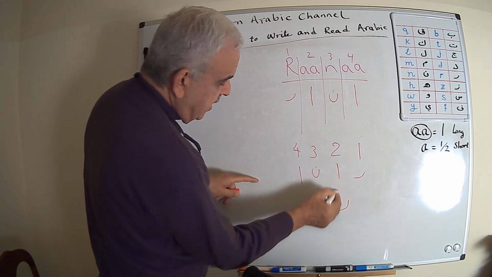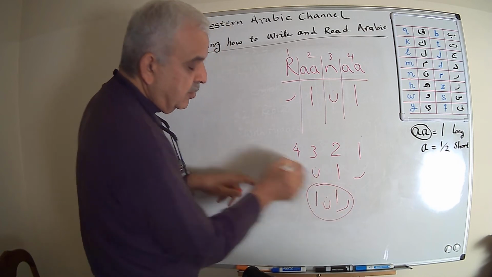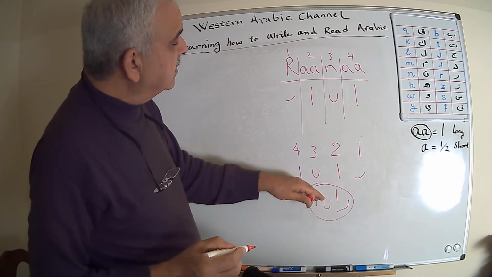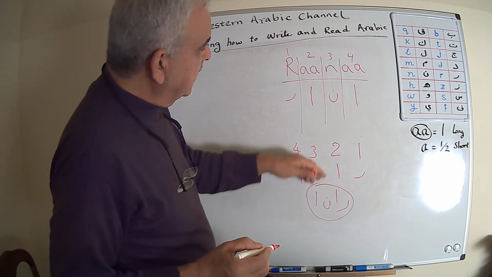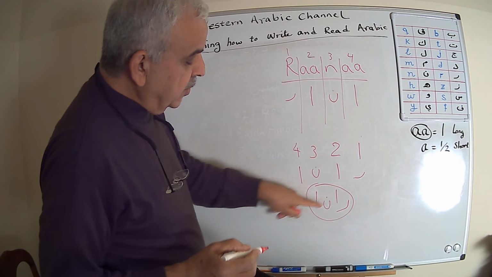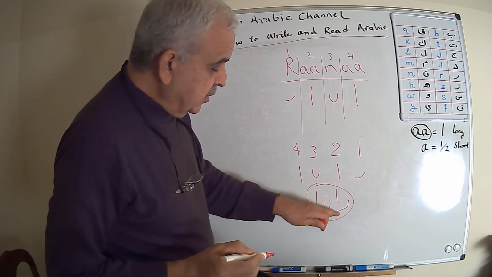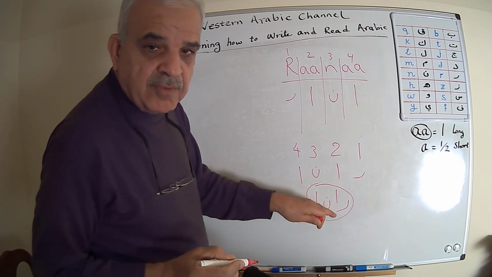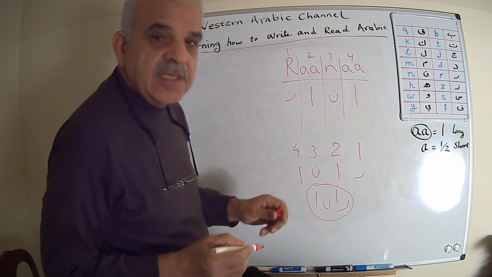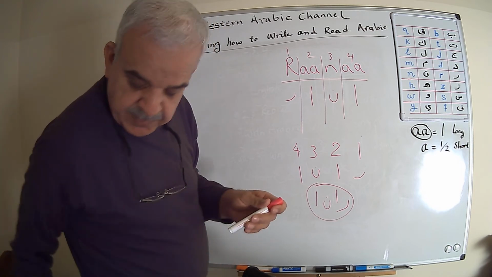Then Ra, Na. Okay, so Rana is a girl name, and those are the letters from which we can build the name in Arabic. But as I said before, I'll show you later on how we connect those letters together.